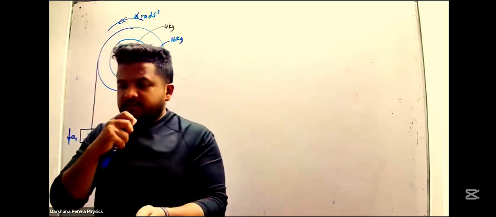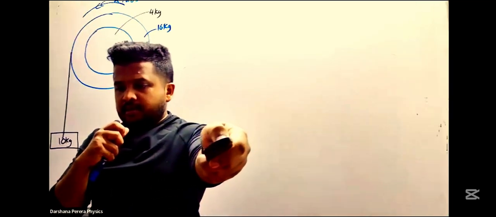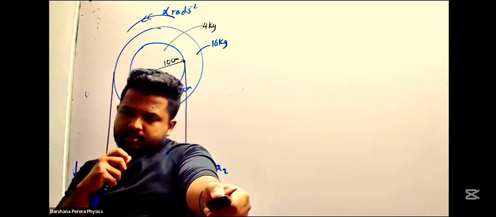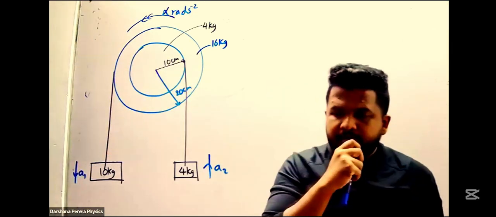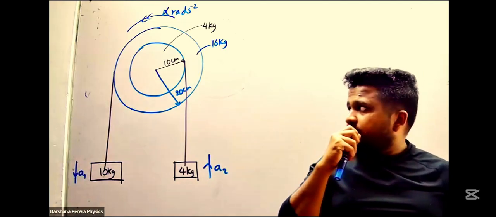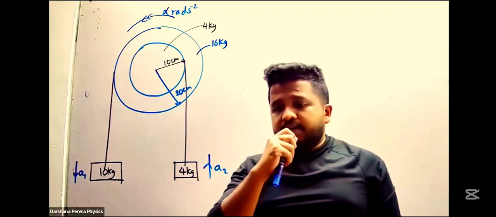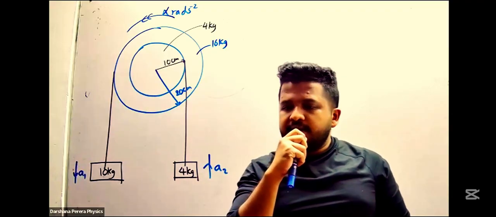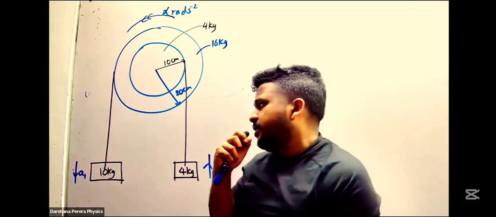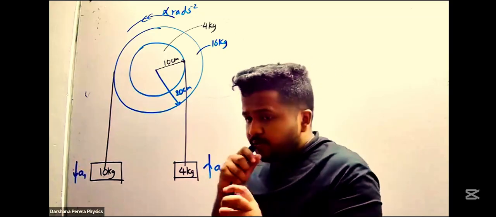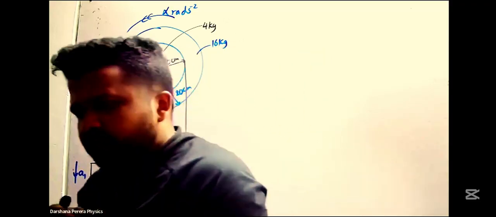We have to use tau equals... First of all, we have to get the connection between the acceleration and the angular acceleration. Then we have to apply F equals ma to this one and F equals ma to this one, and tau equals I alpha to the system. Okay. Find out.